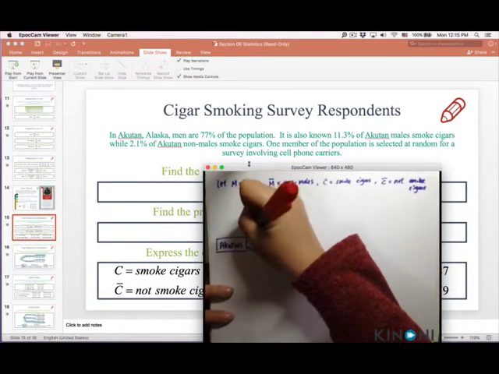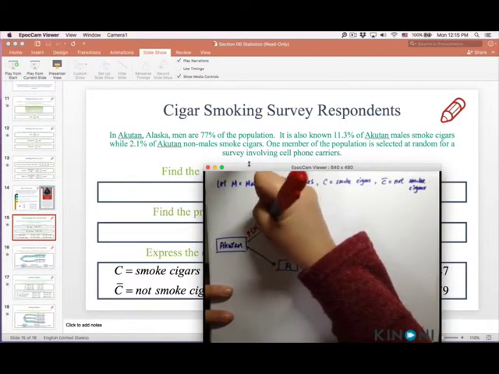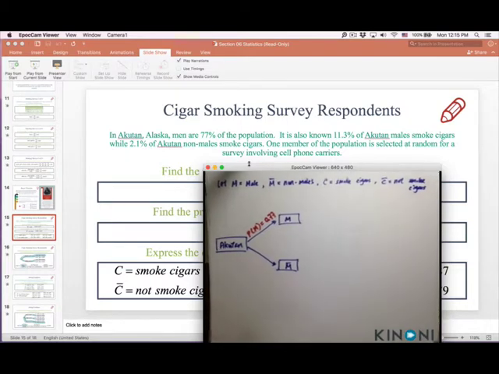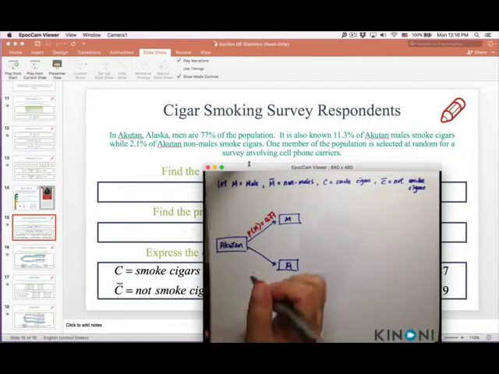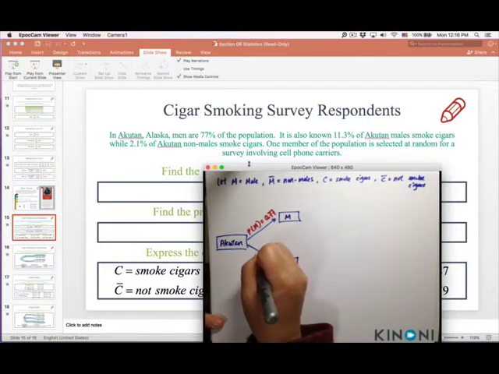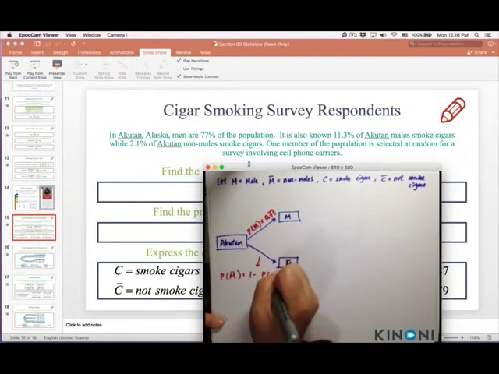So we could write down, probability of the males equals 0.77. And then we could figure out the probability that it is a non-male. The male and non-male are going to be the complement, so you could use the complement formula, 1 minus P of M, which is 1 minus 0.77, and you should get 0.23.